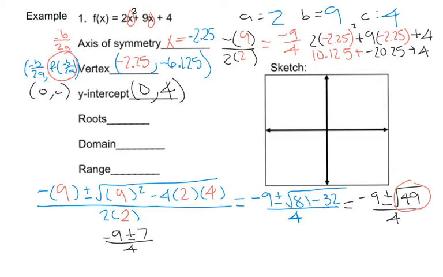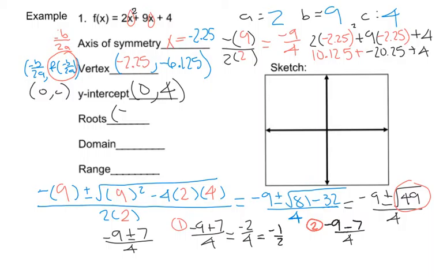Now remember, at this point, this is where the problem splits into two problems, okay? The first one is going to be the negative 9 plus 7 divided by 4. And then your second problem is going to be the negative 9 minus 7 divided by 4. All right? So negative 9 plus 7 is negative 2 over 4, which reduces to negative 1/2.